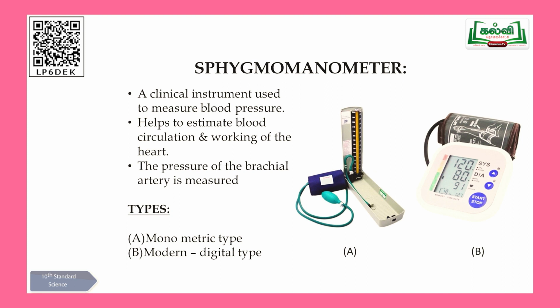When the switch is on here, automatically you will get the digital reading. This is called the modern digital type. It will show you the systolic pressure as well as the diastolic, as I told you, 120 to 80. This is a modern equipment which people are using, and it is operated through battery. Once the battery is weak, this won't give you an accurate reading. So you can't rely on this, but the manometric type is very, very correct.